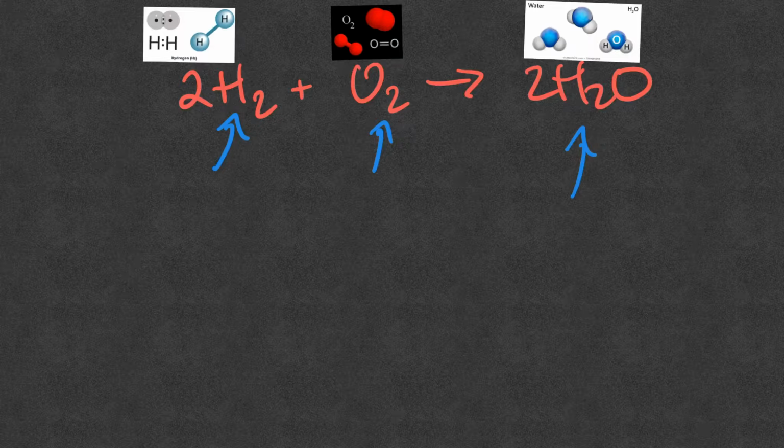But instead of saying atoms and molecules, because we really can't count them, we could say that 2 moles of H2 react with 1 mole of O2 to form 2 moles of H2O. So we could look at it in that sense.